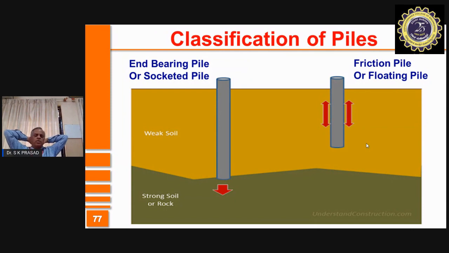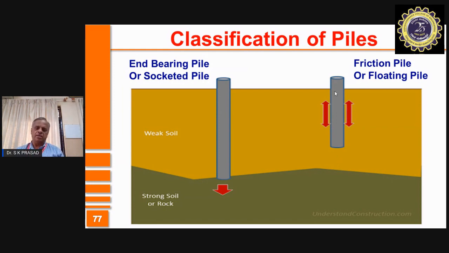So entire load is borne at the base. On the other hand, you have a floating pile, which is also called friction pile, in which the load is taken along the skin of the pile only. Not much load is carried at the bottom. It's very negligible. So this is what is floating pile or friction pile.